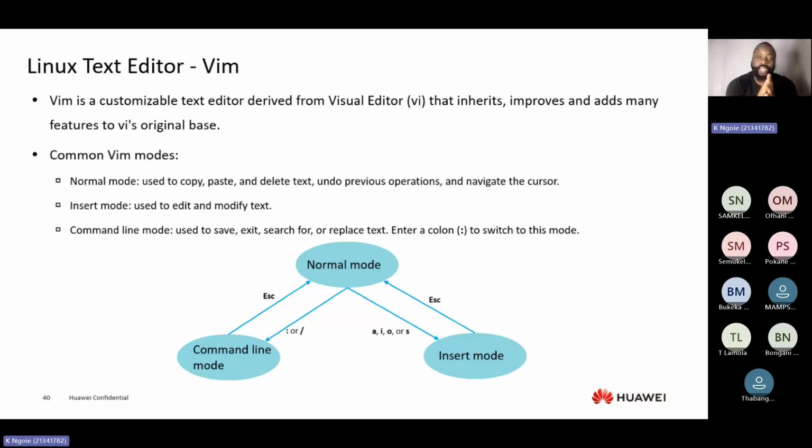You can customize it based on what you want. It works efficiently. It can work on remote servers, so there's no GUI needed. All right. So one of the editors that you're going to use if you want to work with Linux is Vim. All right, guys.